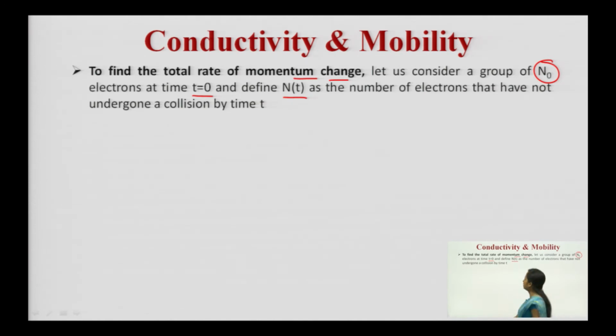Why n of t? This is the number of electrons that have not, this is important, that have not undergone a collision process. See, some of the electrons will collide and some of the electrons will be left over here. So here we are talking about that number of electrons which have not gone through the collision process.